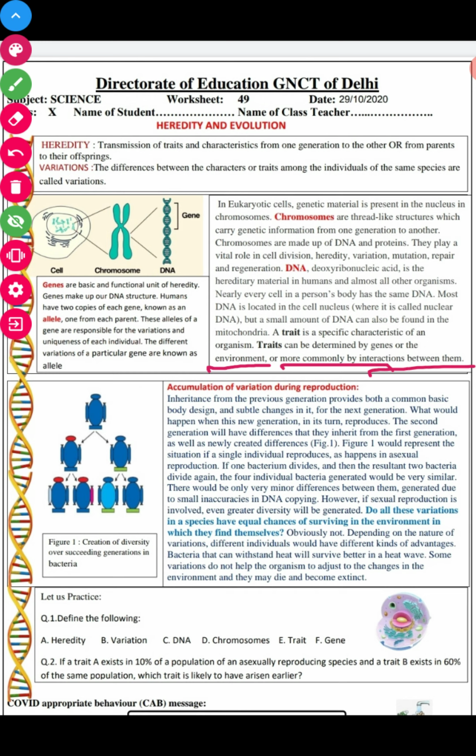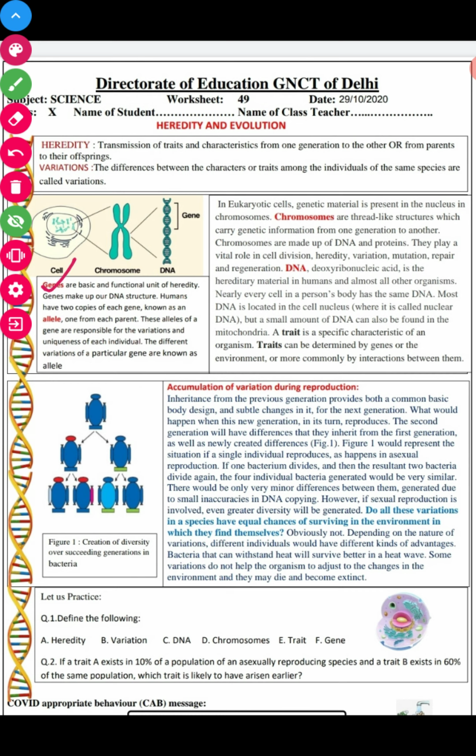So traits are determined with the help of genes, or the effect of the environment, or the interaction between both environment as well as genes.